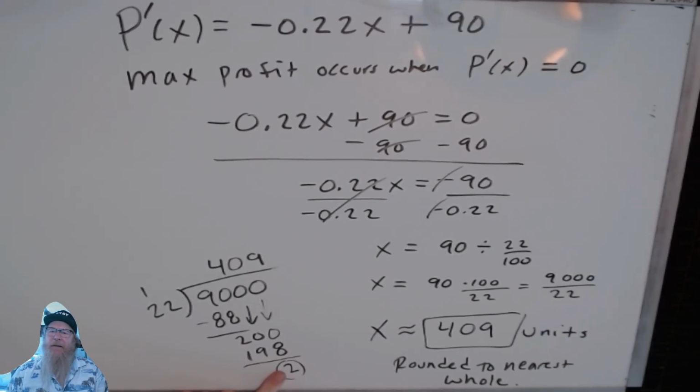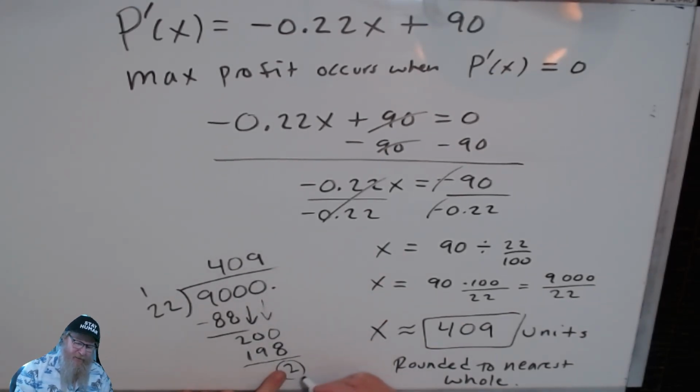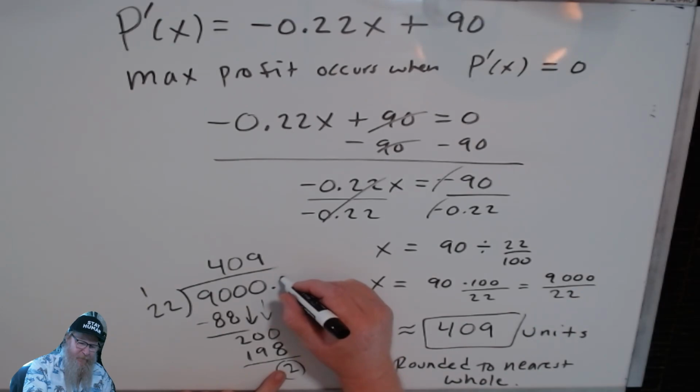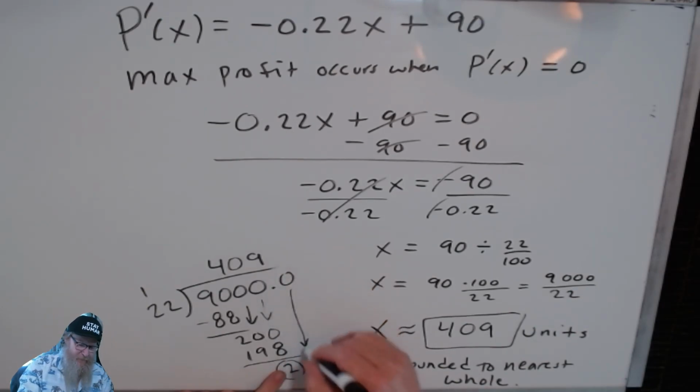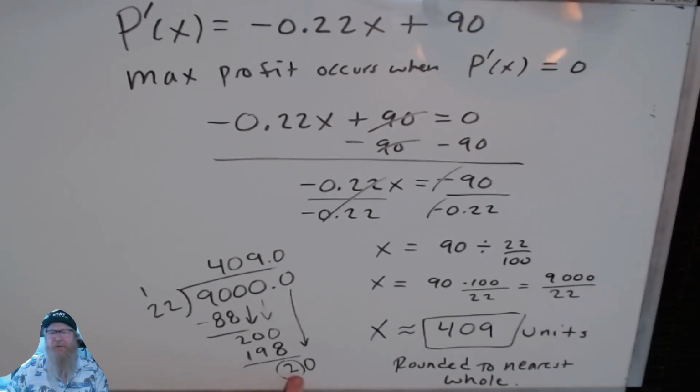This is 409 point. It's not 0.2. It'd be 0.0. Yeah, because look, 22 does not go into 20, so I know that the decimal value is less than 0.5.